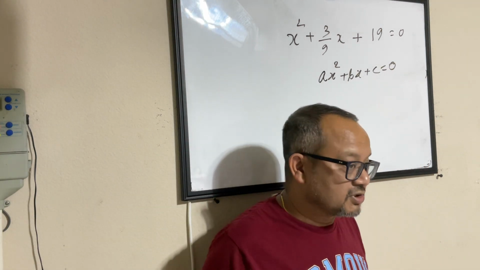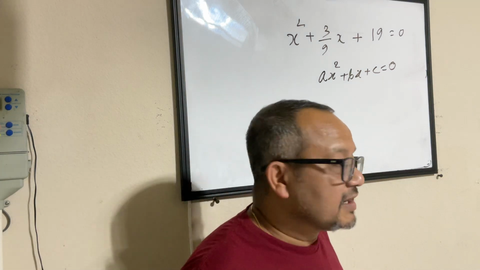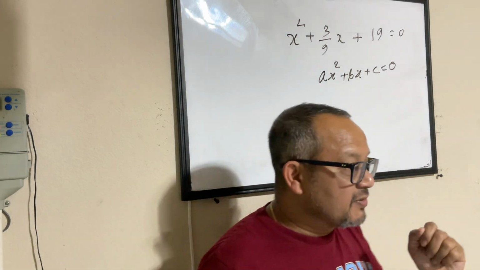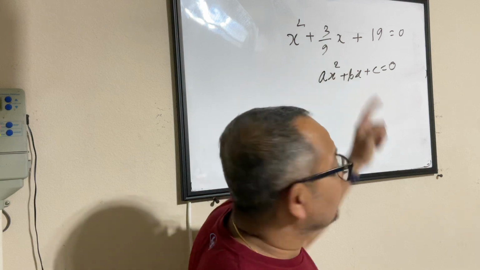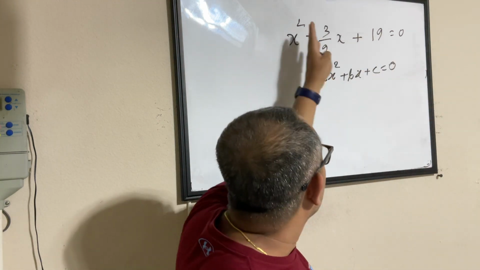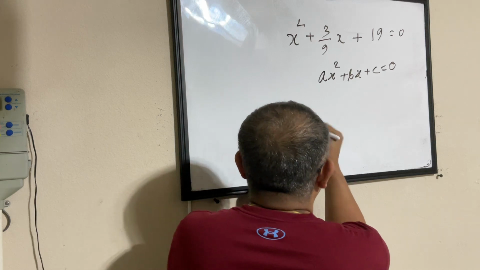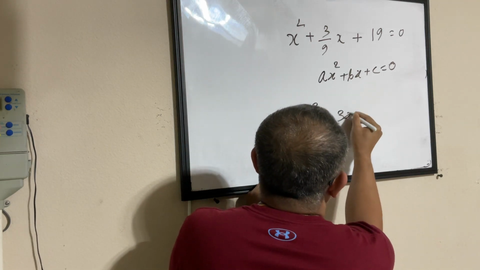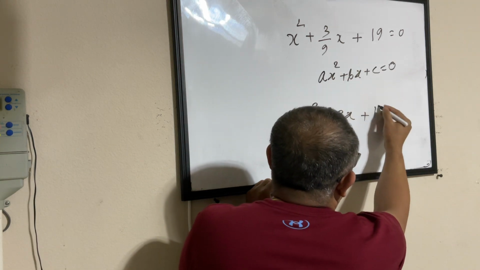Second approach was that I don't like fractions, so I will multiply everything by 9 so that I have a much easier way of looking at things. So it becomes 9x squared plus 3x plus 19 into 9, 171.